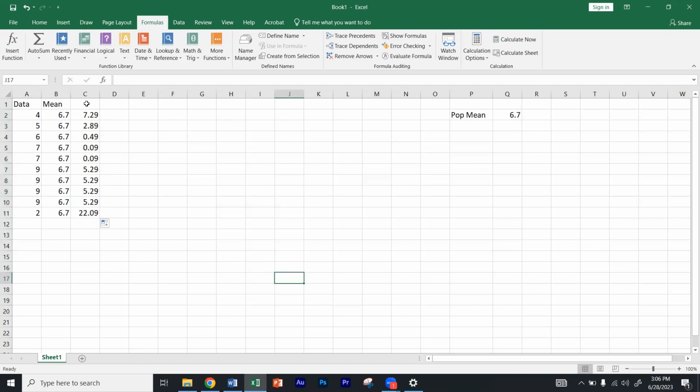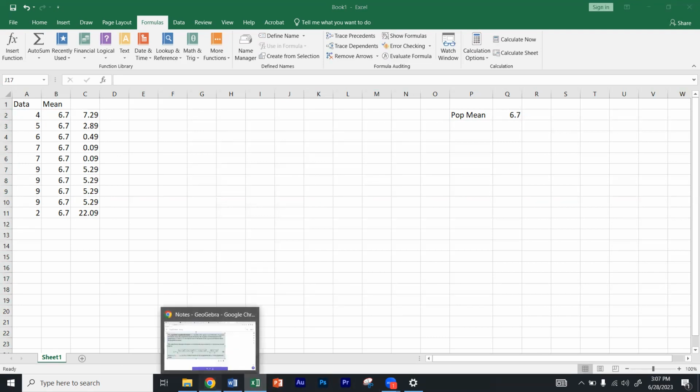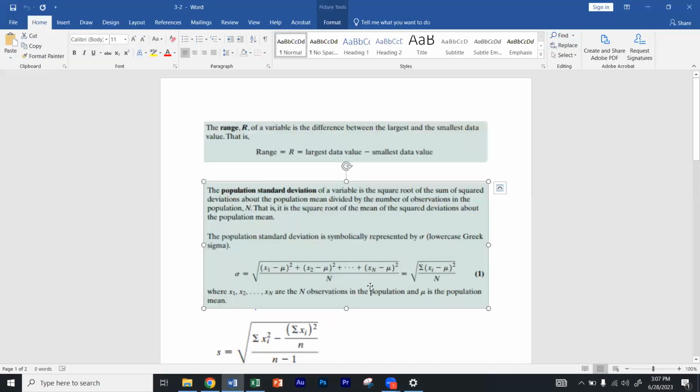So in the third column, I subtract the mean from everything and square it. Then what do we need to do, guys? Then I will add them all up. I will find the sum of the squares of the differences. Okay, how do we do that?